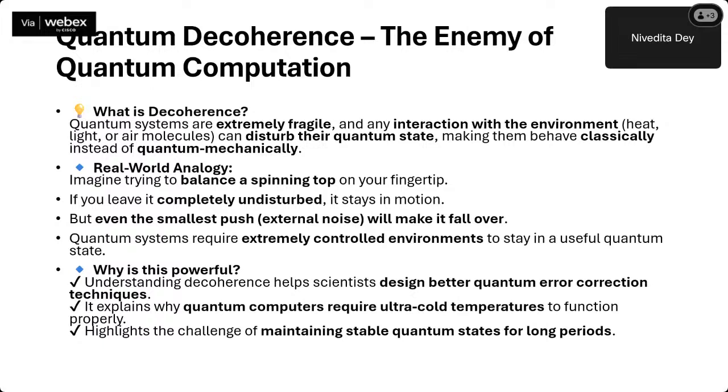Second kind of decoherence, a very easy example. Say two friends are targeting, say, GATE or NET computer science or any subject. They went to the exam center. One student studied something, he has that in mind.